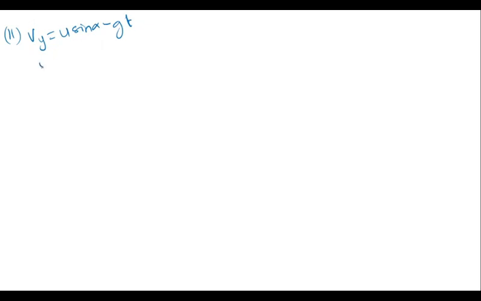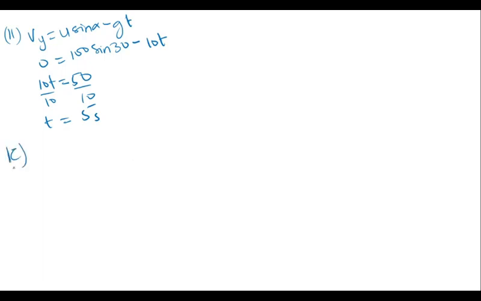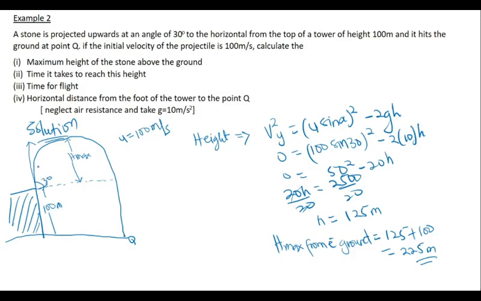We know the final velocity is 0, so we have 100 sine 30 minus 10t. Bringing 10t to the other side, 10t is equal to 100 sine 30, which gives us 50. We divide by 10 and get our time to be 5 seconds. So the time it took the particle to reach the maximum height is 5 seconds.